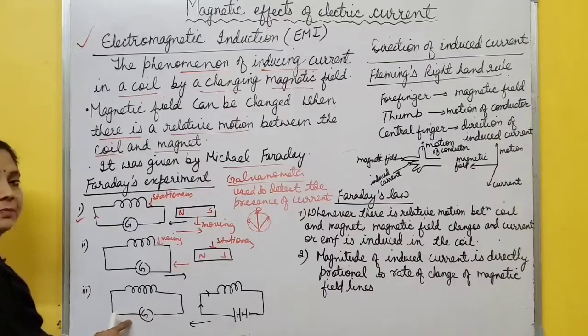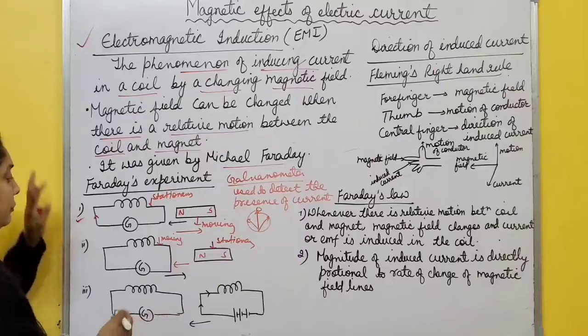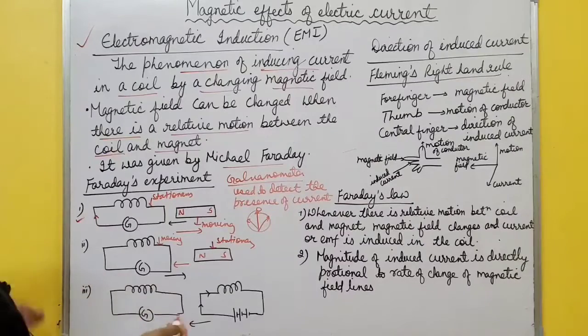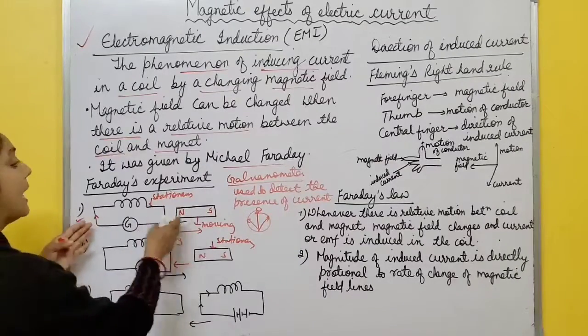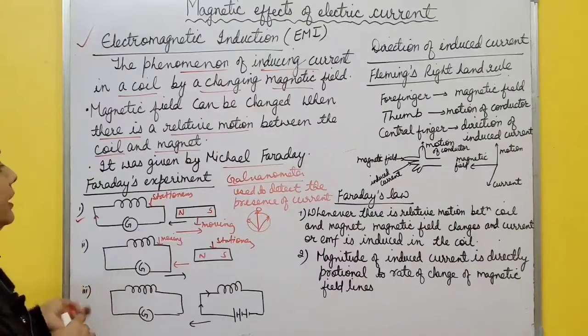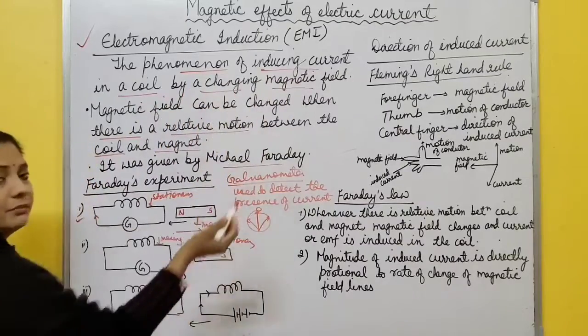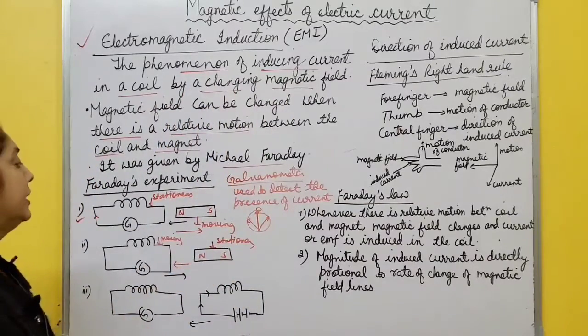It means current is flowing in this coil also, right? So from these experiments, it is found that whenever there is relative motion between magnet and coil, current is produced in the circuit, right? So this phenomenon of inducing current in a coil by changing magnetic field is called electromagnetic induction.